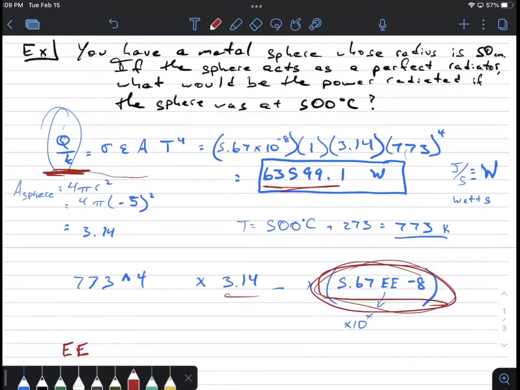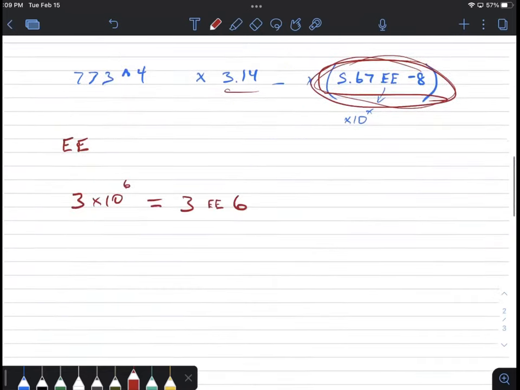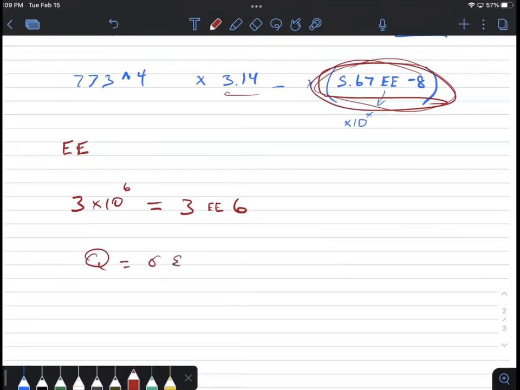But that's the same as how much energy divided by the amount of time we wait. So I could always just move the T over here and have some new equation that's Q equals sigma epsilon A T to the fourth times little t, time. So I'd still have all these numbers just like before, only now I know this is 1 day. So I convert that to seconds, however many seconds there are in a day. And that'll give me the total amount of energy radiated in 1 day, or 1 year, or 5 seconds, or whatever it is you want.